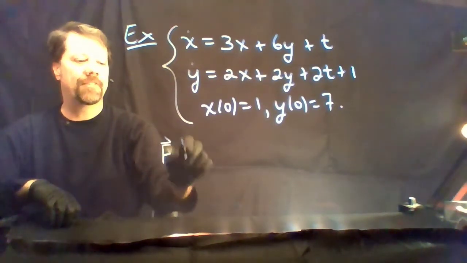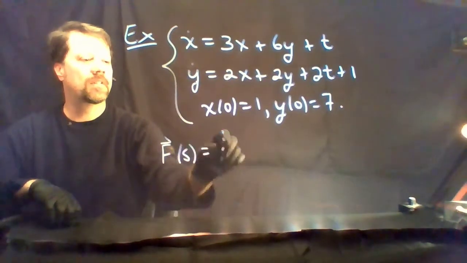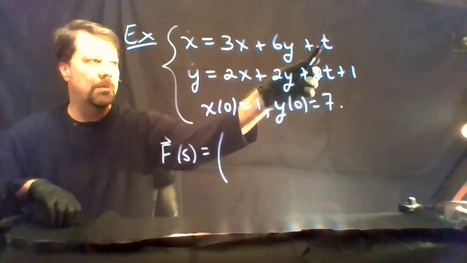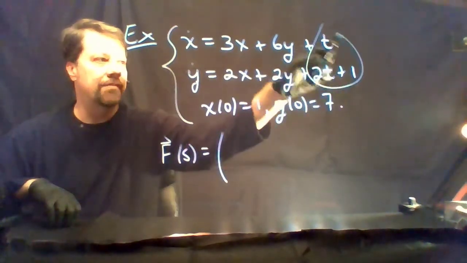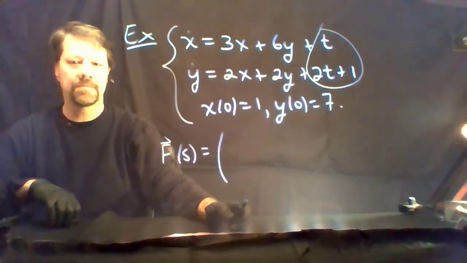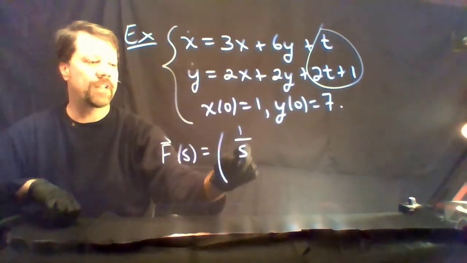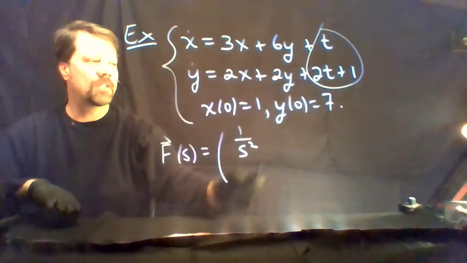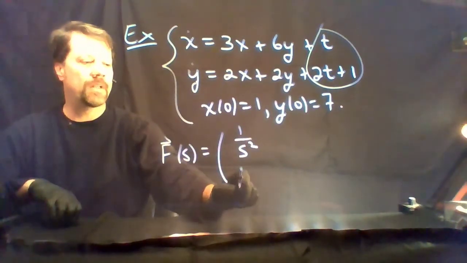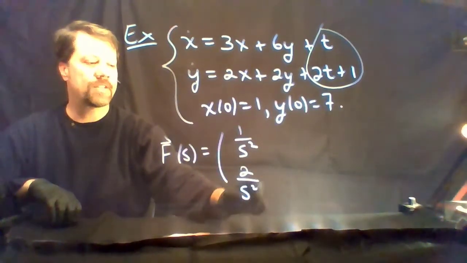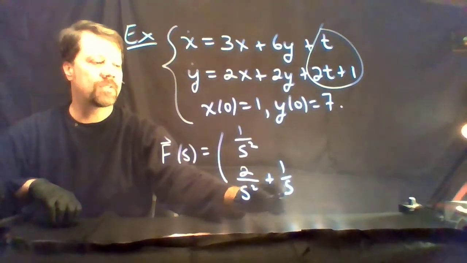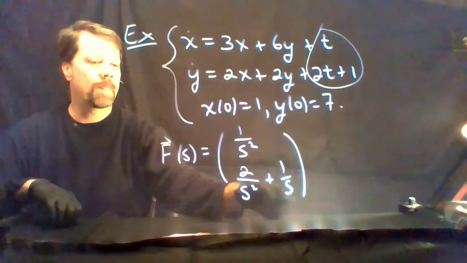Function big F of s is calculated by taking the Laplace transform of the forcing function here. The Laplace transform of t is 1 over s squared, whereas the Laplace transform of 2t plus 1 is 2 over s squared plus 1 over s.